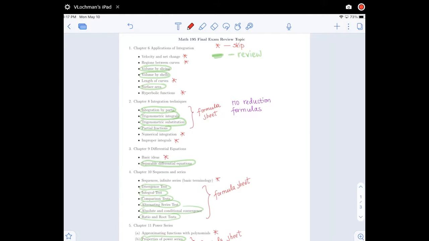We're not using any web-based applications to solve your integration. We've done literally every problem by hand all semester long. So I don't think I'm putting anything brand new. The new problems for the exam are similar to the ones we've done.